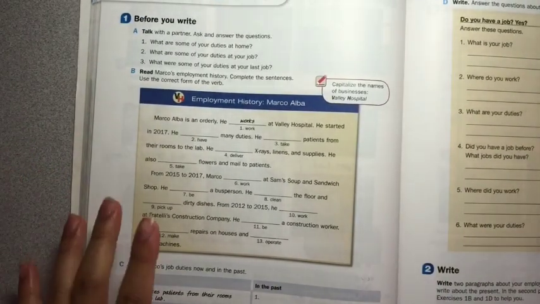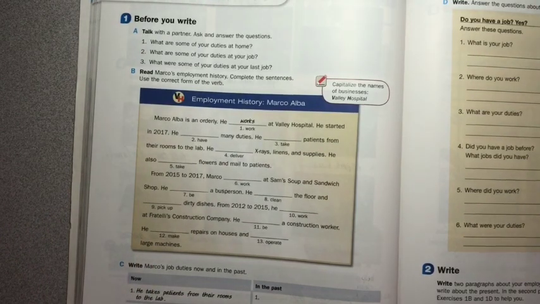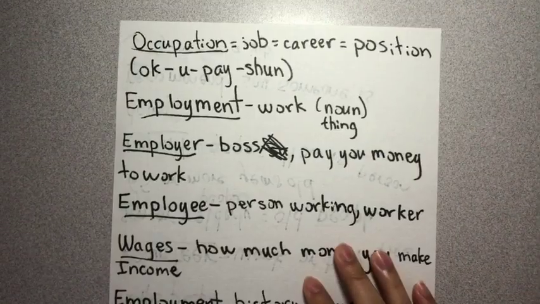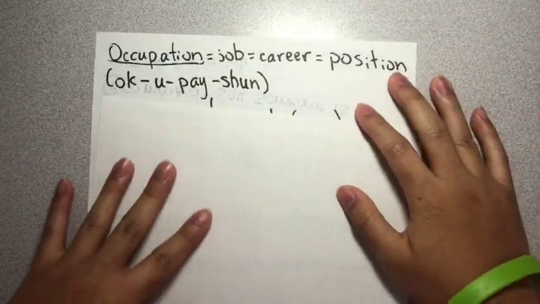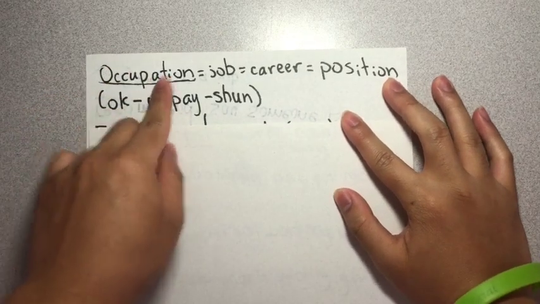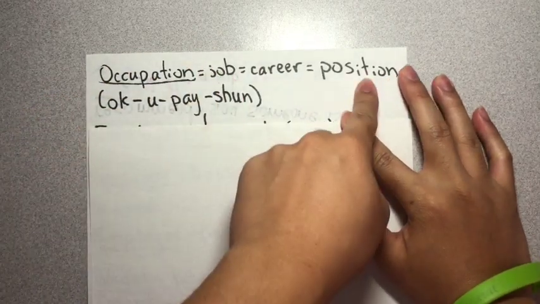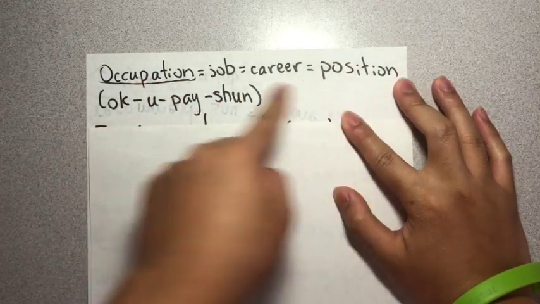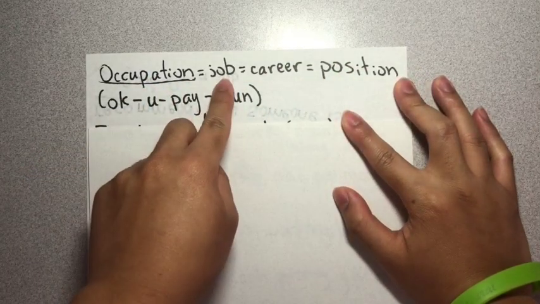Did I teach you about employment history? Let me teach you these words first. Maybe I didn't teach you these words, so let me teach you now. So let's start with the word occupation. Occupation means job, career, or position. All of these words are the same. It just means your job.